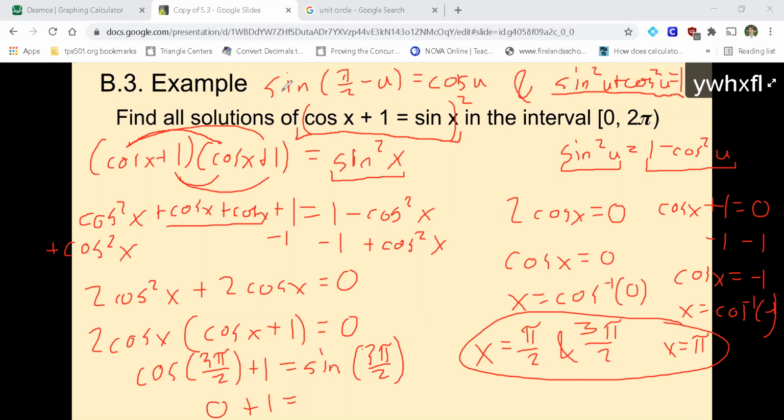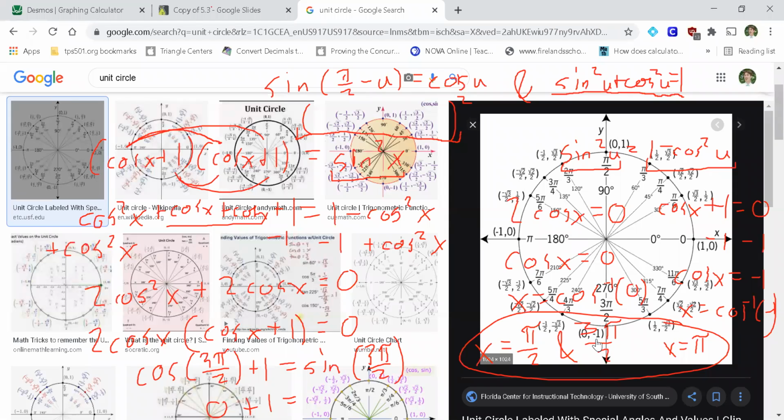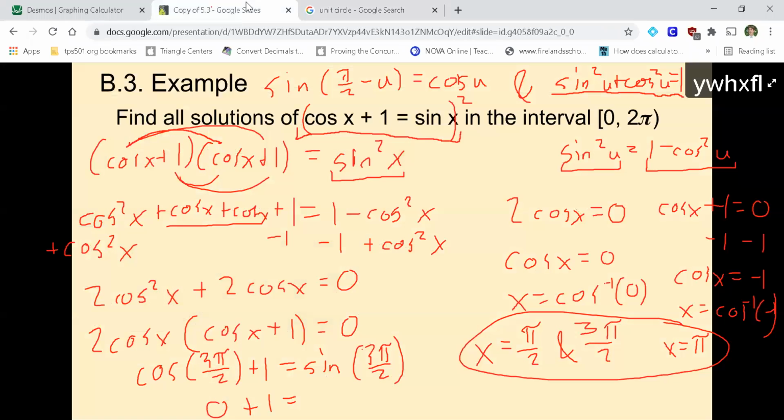But sine of 3 pi over 2 on the unit circle is -1, right? That's the lowest y value, -1. And 1 does not equal -1.